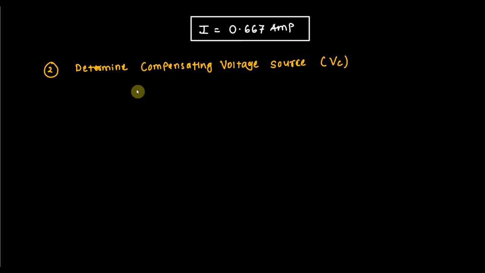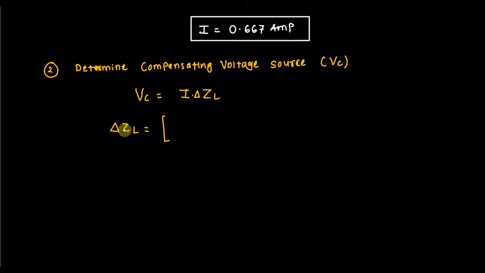Okay. What is the formula? That VC is I into delta ZL. We know the value of I. Our aim is to calculate delta ZL. So for that I will write one simple formula. What is delta ZL? It means the change in ZL.